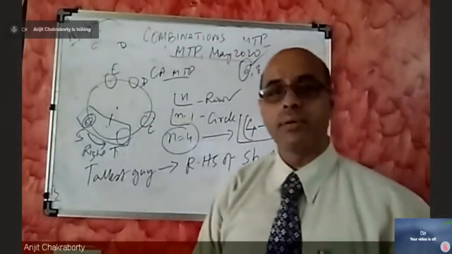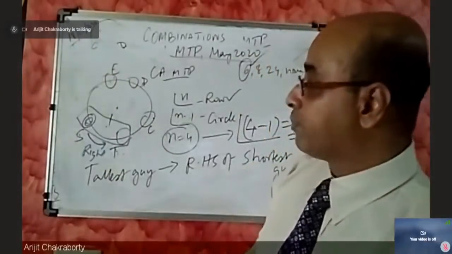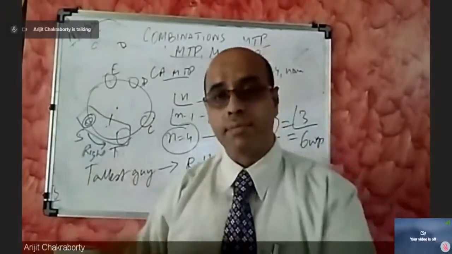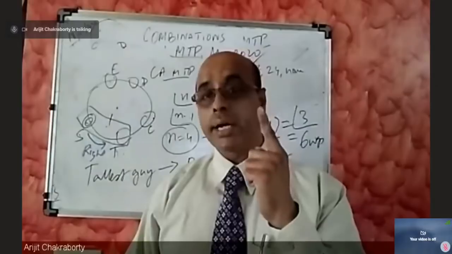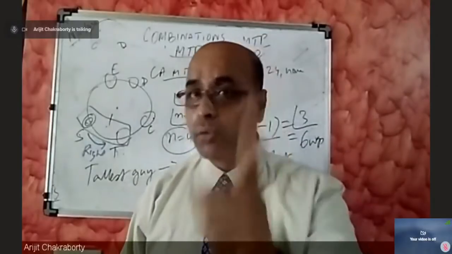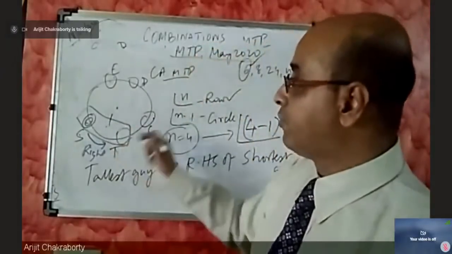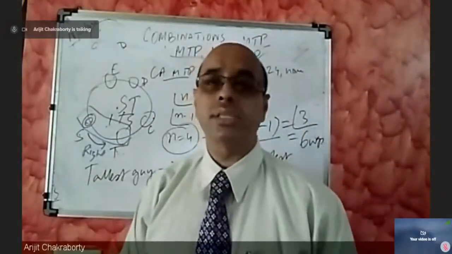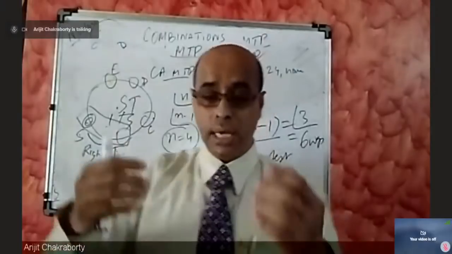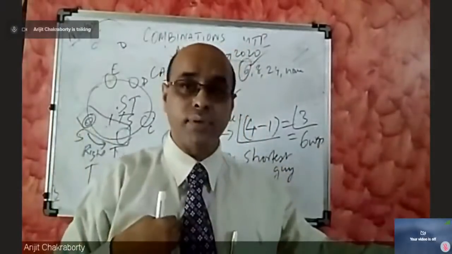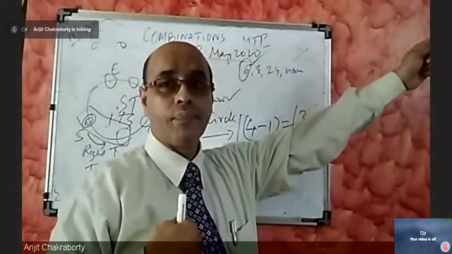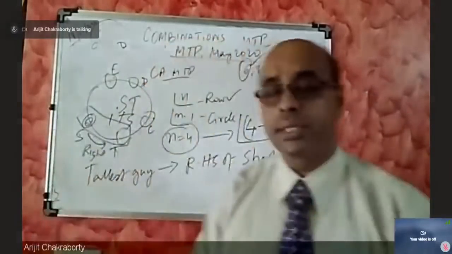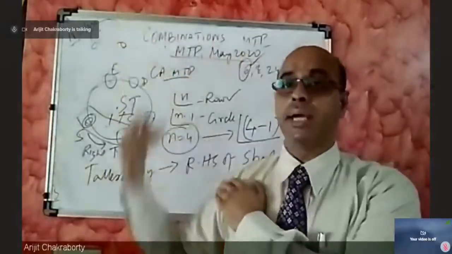So in this case, the correct answer is 6. In this way, we have to solve. Now, please note that S and T within themselves can be arranged in only one way. If you do ST and TS, TS will not satisfy the requirement, because TS means the tallest guy is to the left hand side of the shortest guy. The requirement clearly says the tallest guy is to the right hand side of the shortest guy.